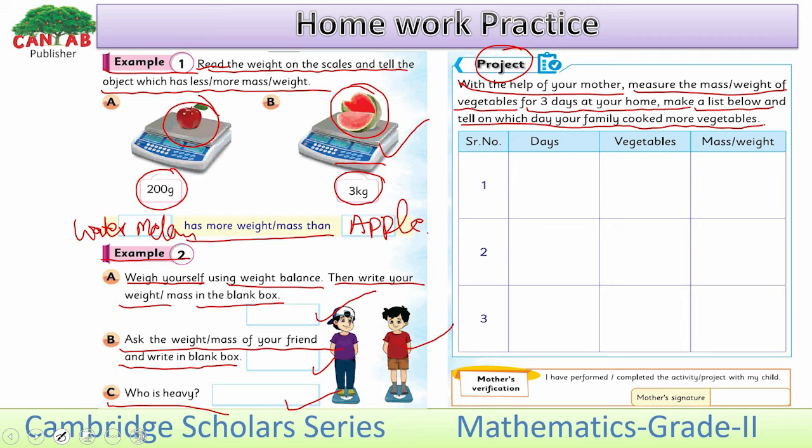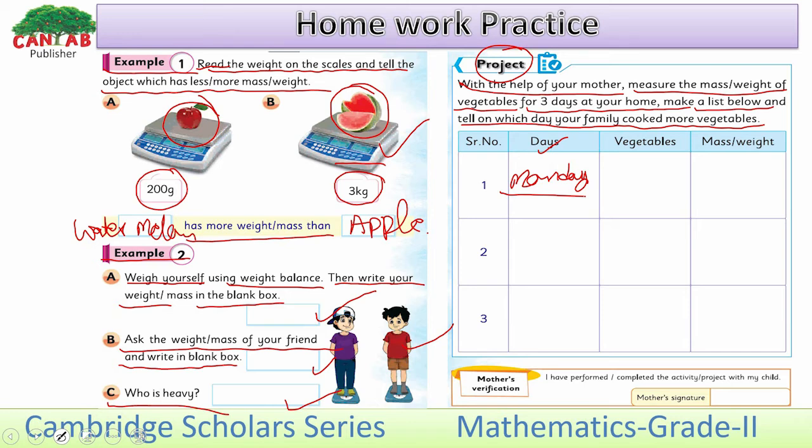So this is a practical example. You have to perform it for 3 days, and with the help of your mother, write the name of the day over here. Suppose today is Monday. On Monday, which vegetable was cooked at your home?